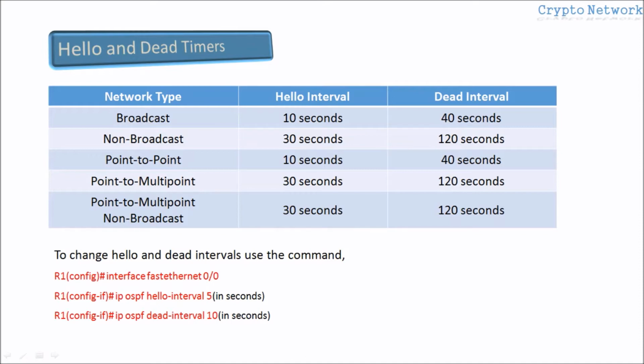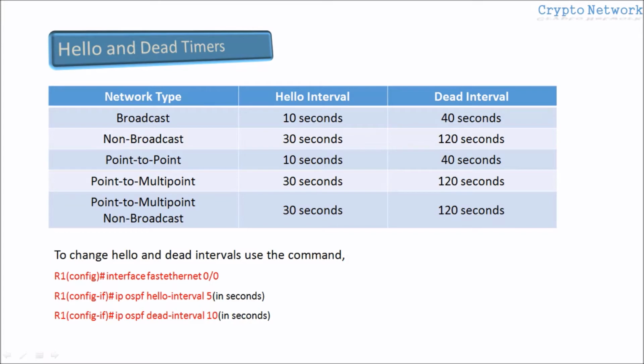Point-to-point interfaces, hellos every 10 seconds, dead time is 40 seconds, and non-broadcast multi-access, NBMA, interfaces, hellos every 30 seconds, and dead timer is 120 seconds. You can manipulate the hello and dead timer on a per interface basis.